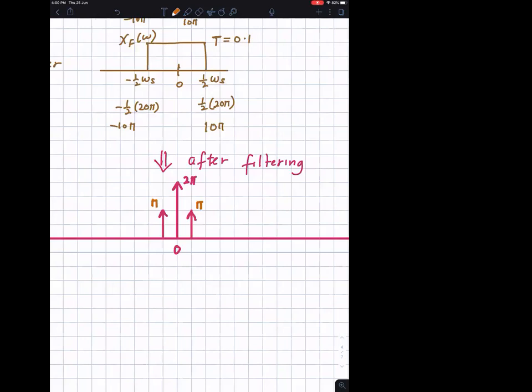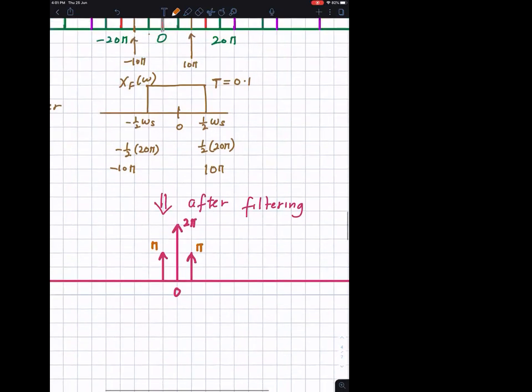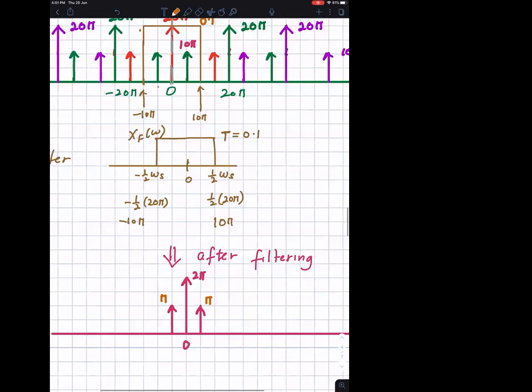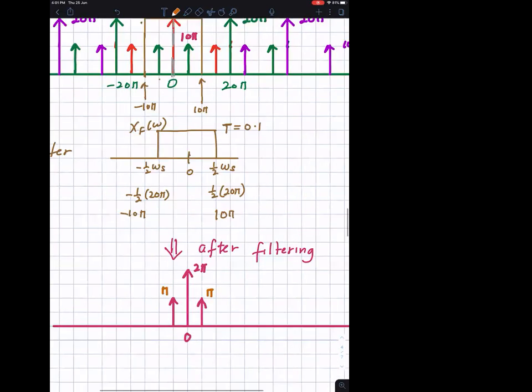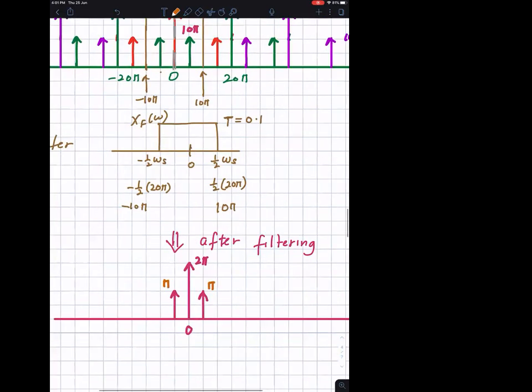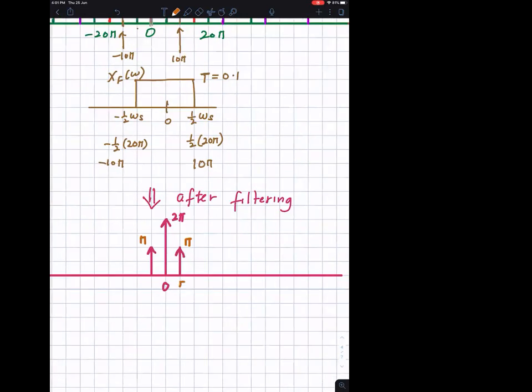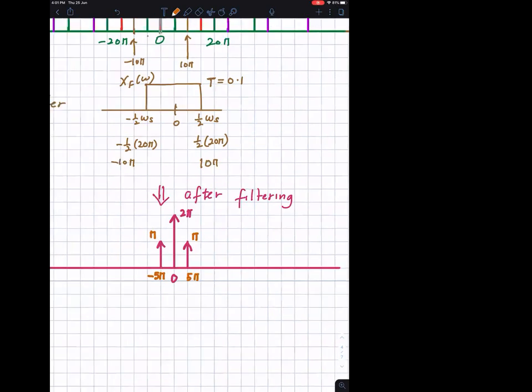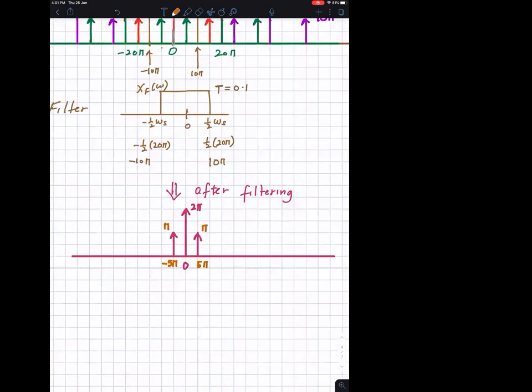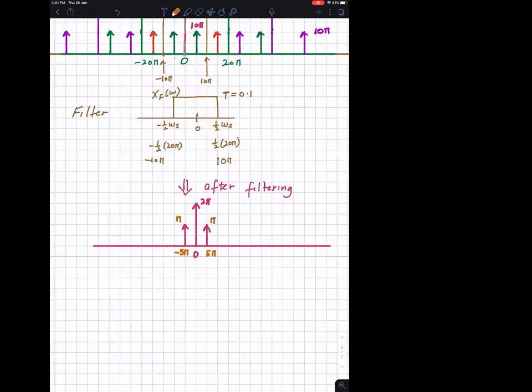And the frequency location is minus 5 pi. Minus 5 pi. Correct? Frequency location.